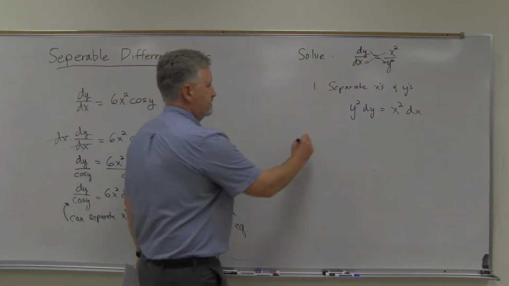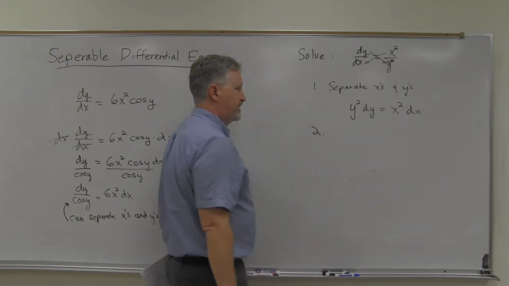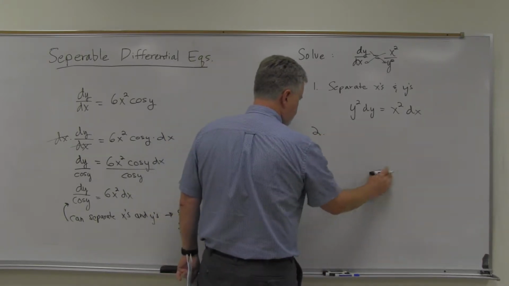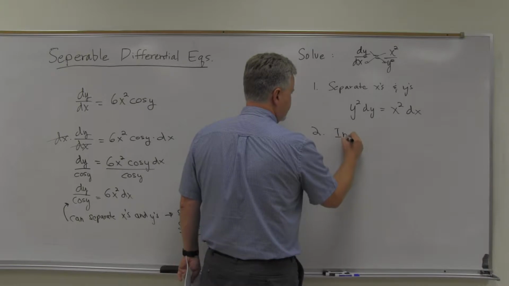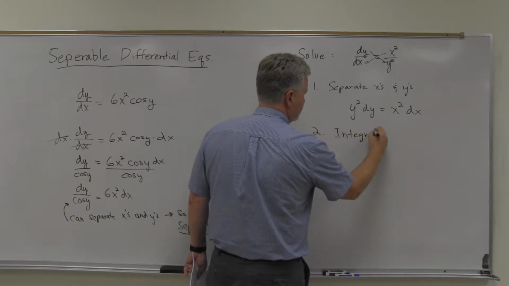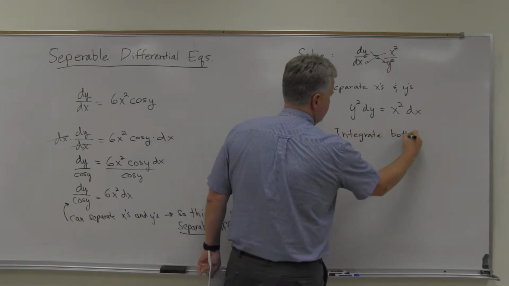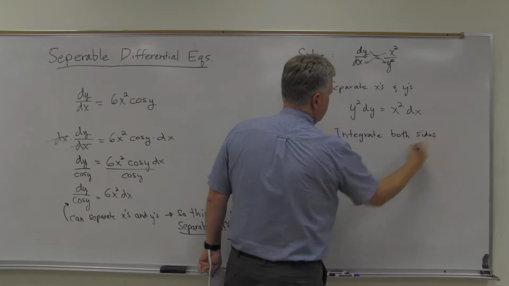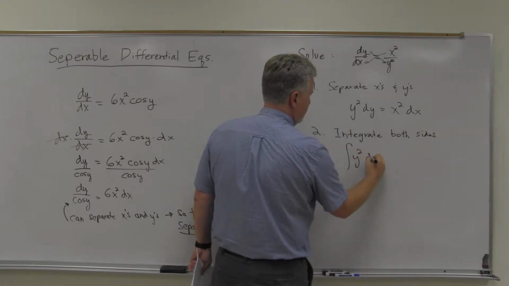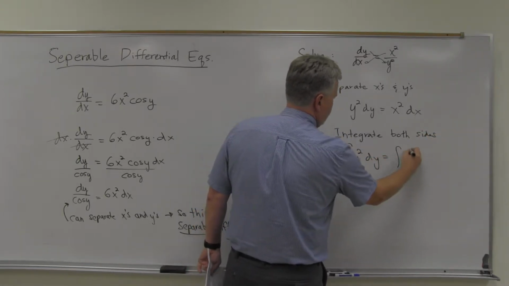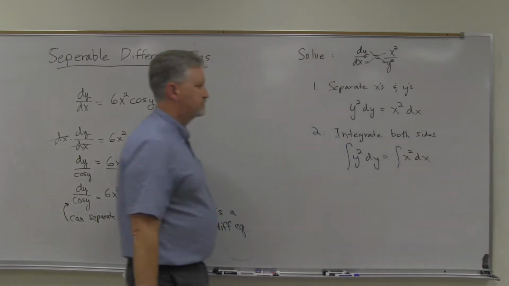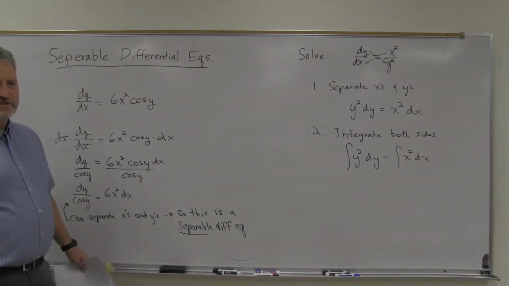So step 2 then, after you separate the x's and y's, step 2 will be to integrate both sides. So I'm going to integrate y squared dy, integrate x squared dx. Do the same thing both sides.